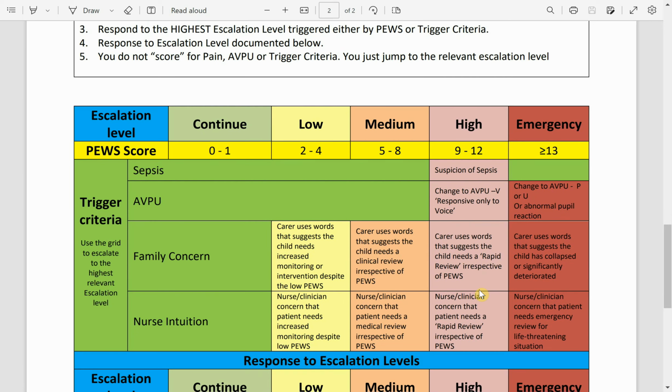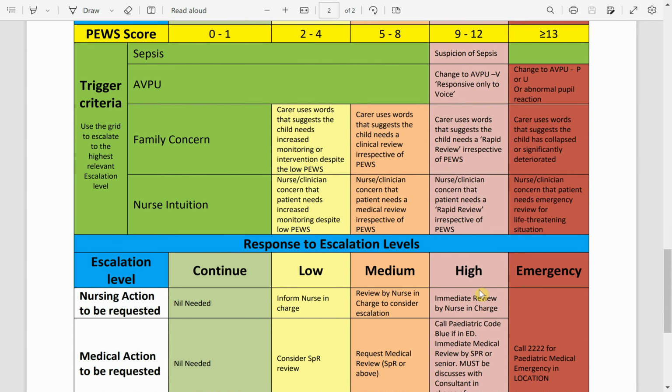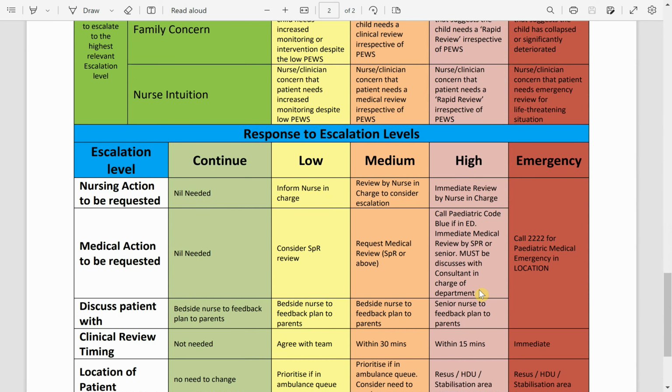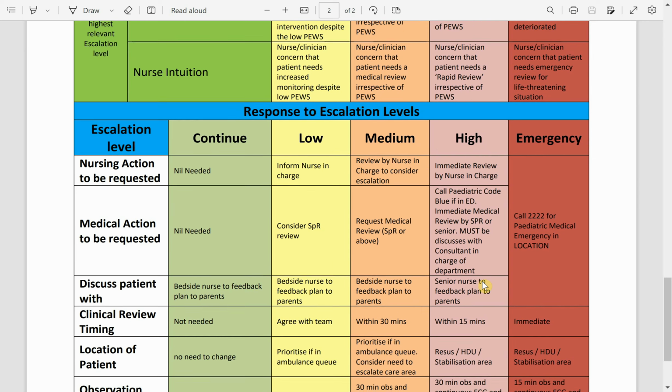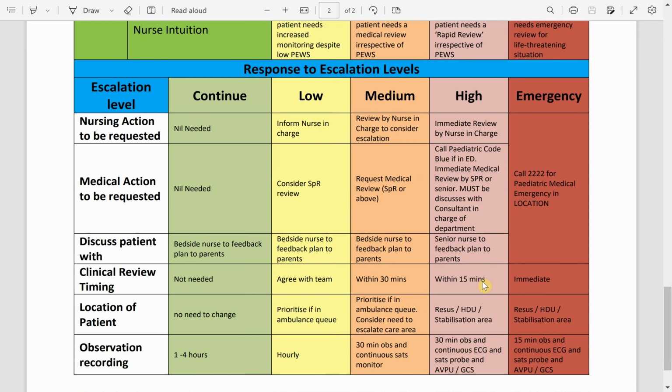Where our trigger criteria hits will then move us down to our escalation level to identify what we need to do. So in our case, it would be an immediate review by a nurse in charge. We'd call the paediatric code blue if we're in ED, and we'd want an immediate medical review by our senior doctors. So it's a way of guiding us through to the right escalation that our patient needs in that moment in time. And as their PEWS score changes, so does our escalation.